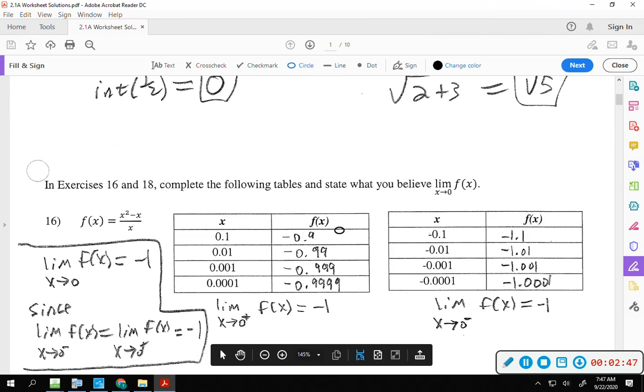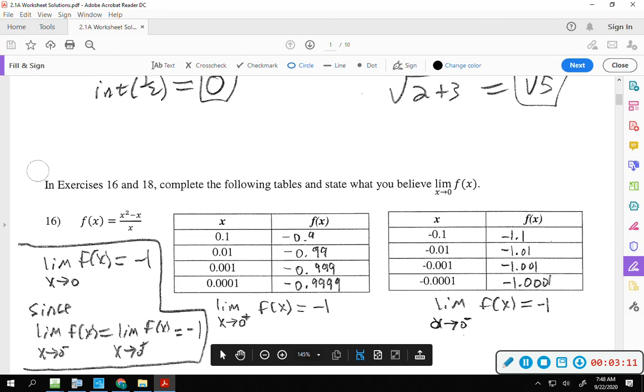We can see from the output values here that this number is getting closer and closer to -1. This number is also getting closer and closer to -1. Since both of these y values are approaching -1, this tells me the limit as x approaches 0 from the right of f of x equals -1. That's how you read this.